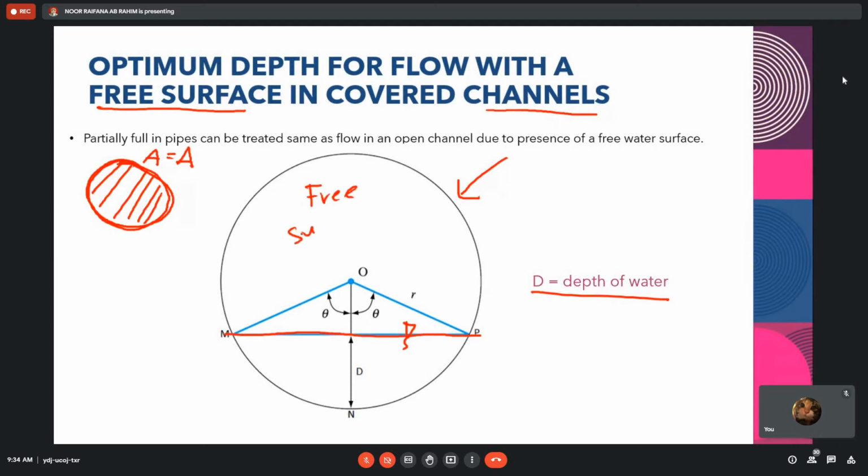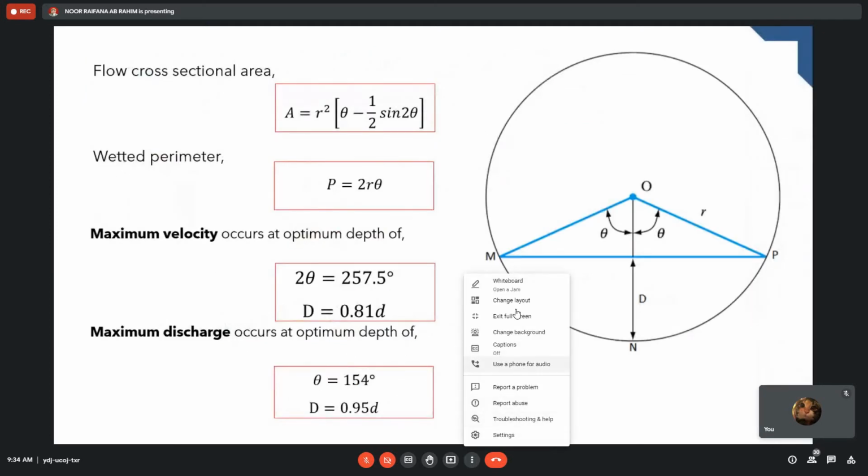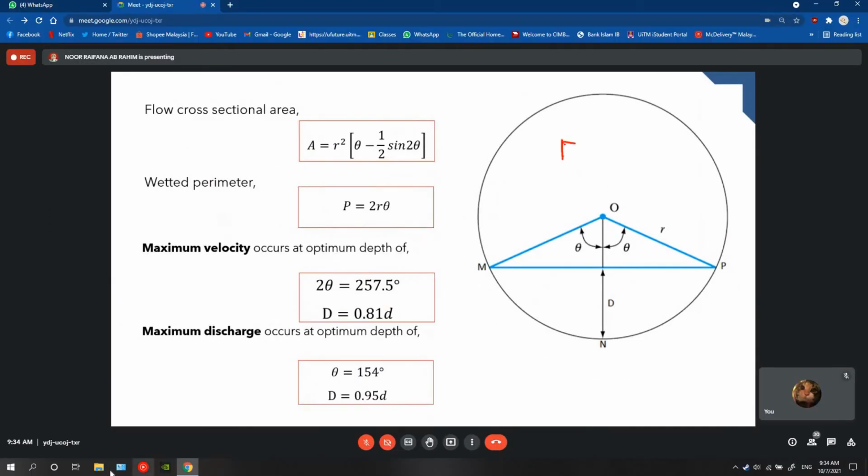So when ada free surface ni means that dia dah jadi macam open channel sebab dia ada free surface. Jadi we have to calculate untuk covered channel ni macam uniform flow for open channel. Okay. So untuk calculate optimal cross section for circular pipe yang ada free surface kat sini ni.